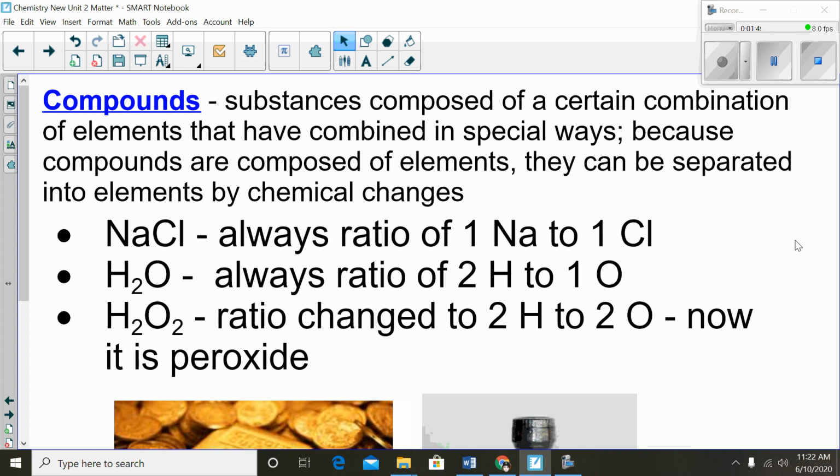Sodium chloride will always have the ratio of 1 sodium to 1 chlorine. H2O is water. Why? It'll always have the ratio of 2 hydrogens to 1 oxygen. H2O2. Now the ratio of water was changed to 2 H's to 2 oxygens. Now you no longer have water. Now it is peroxide.